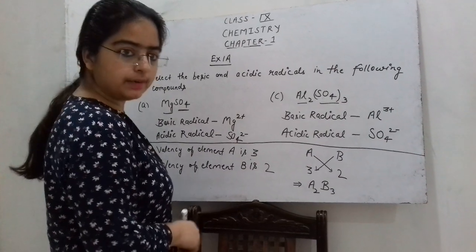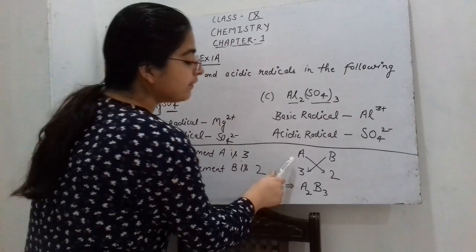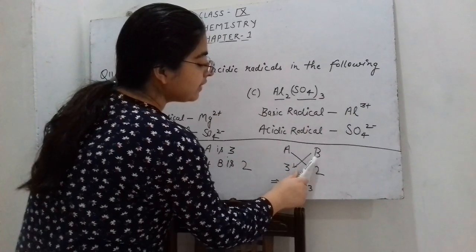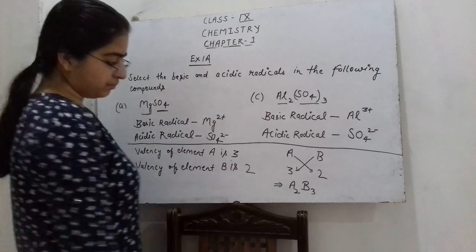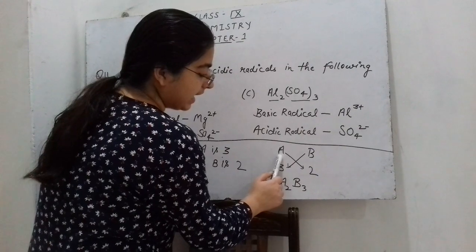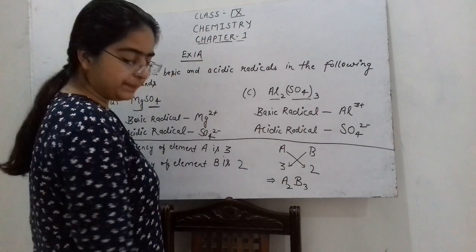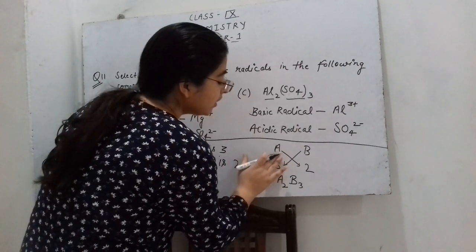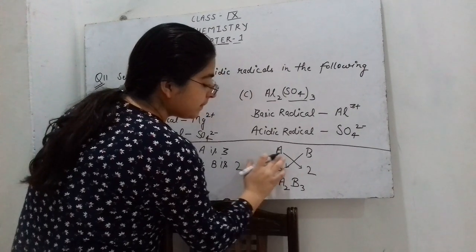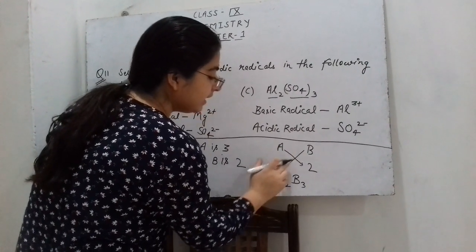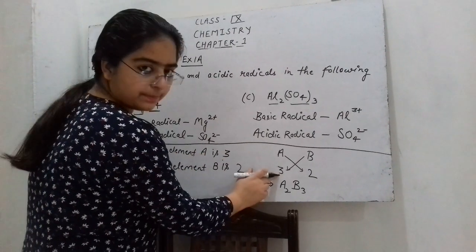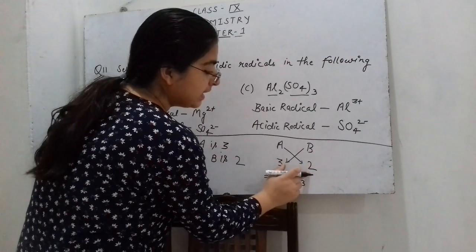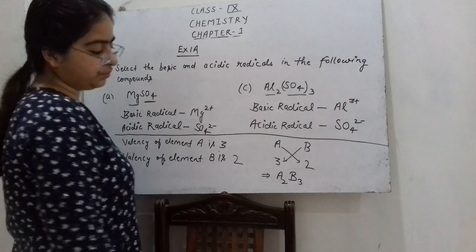So first of all what we will do? We will write the symbol of the elements which will combine to form the compound. So the symbol is A and the symbol is B. Now below these symbols we will write their valency. The valency of element A is given 3 and the valency of element B is given 2.